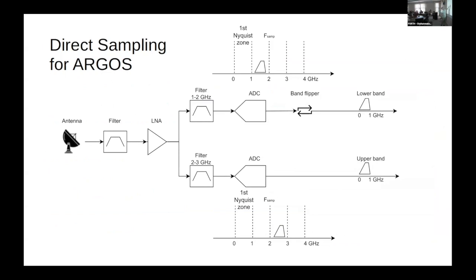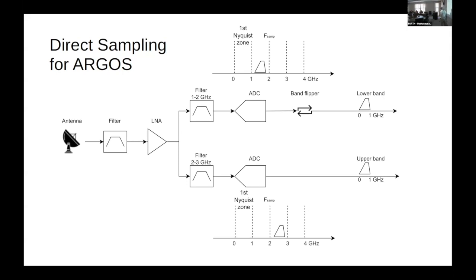The analog signal goes through two anti-aliasing bandpass filters, one from 1 to 2 gigahertz, the other from 2 to 3 gigahertz. Then inside the ADC, we use a sampling of 4 gigahertz with a decimator of 2, so the effective sampling is actually 2 gigahertz.